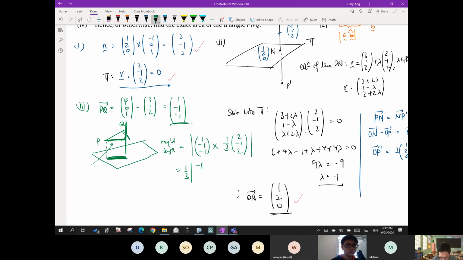Cover the second row. I'm going to get 2 minus 2 becomes 2 plus 2, which is 4. Then the last one is -1 minus, so it's a -3.